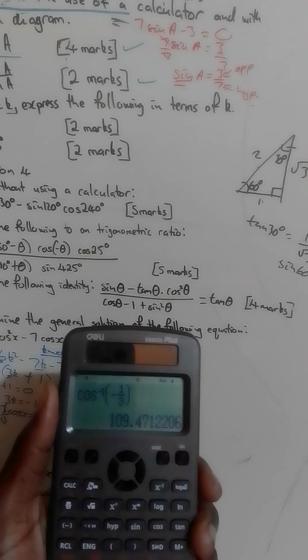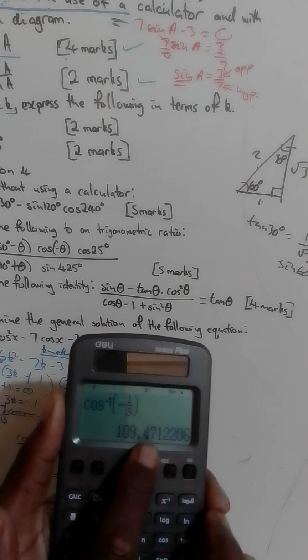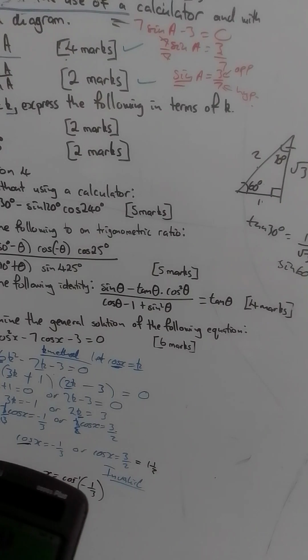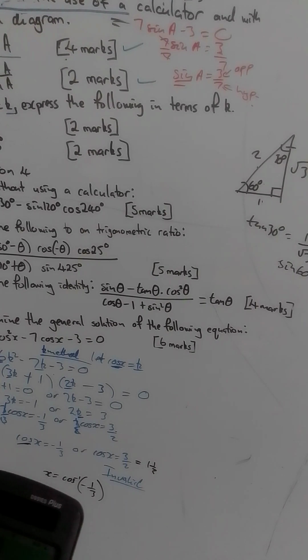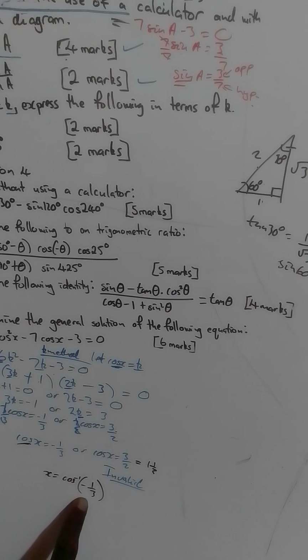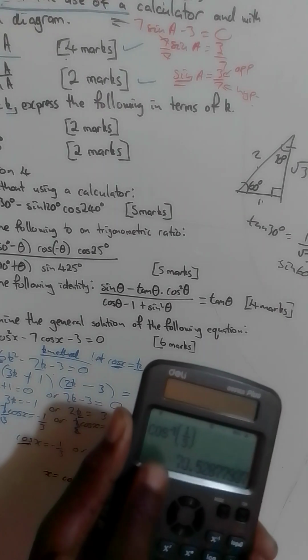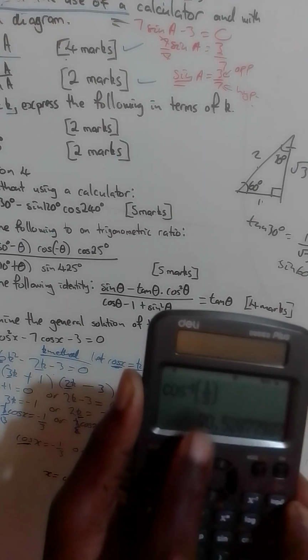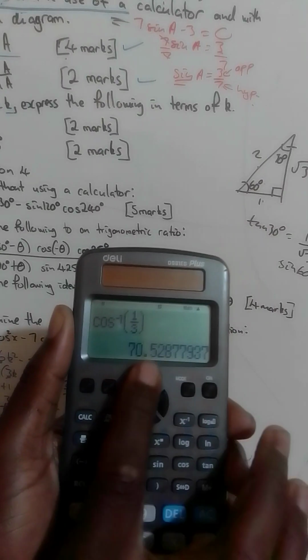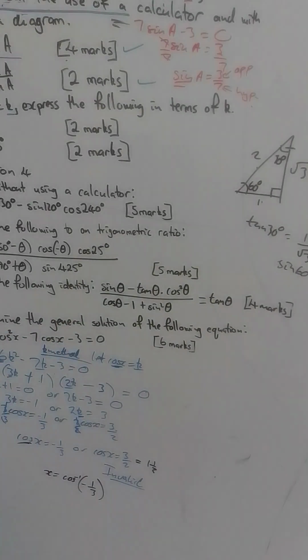It is equal to 109.47, or no, let's not put this negative. We must punch it as inverse cos 1 over 3 here and get 70.52. This is our answer.